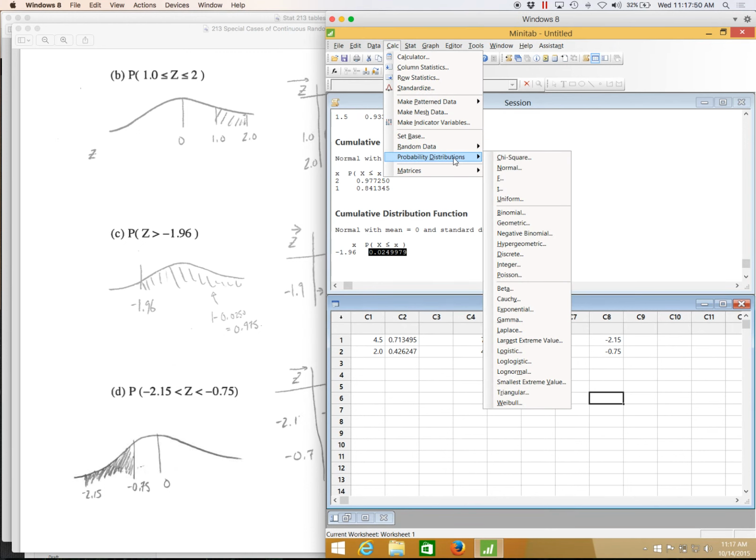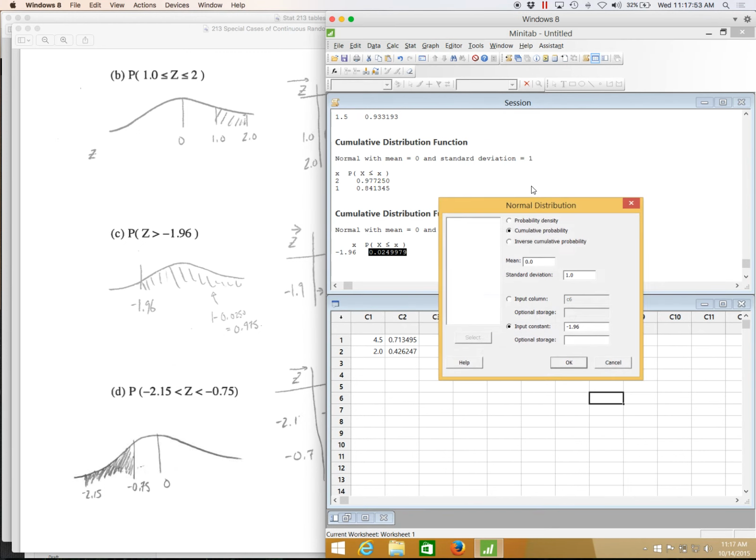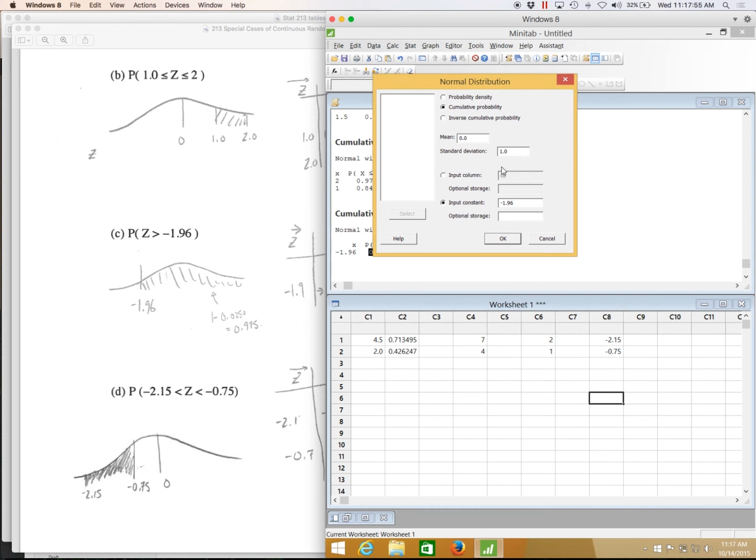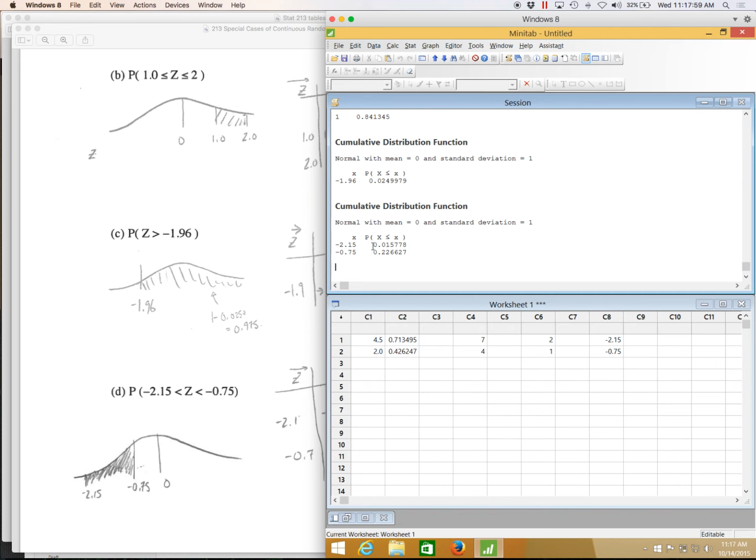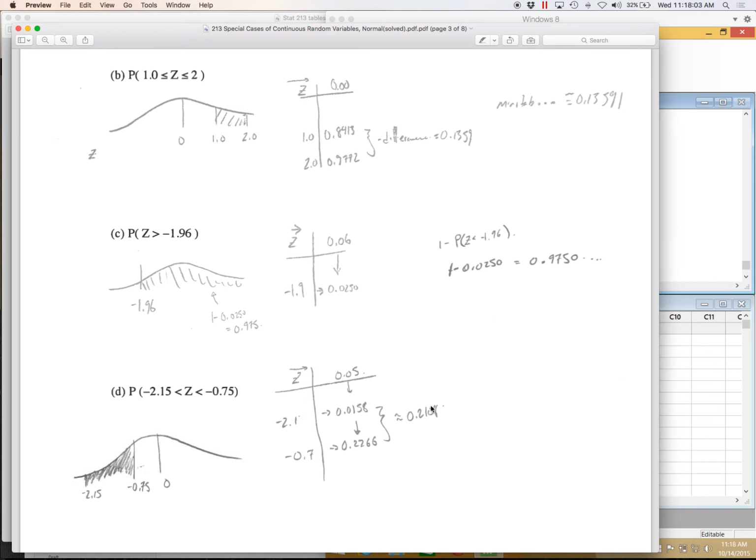And I want the cumulative probabilities of both of those, and then I will take the difference. Here, this is in column 8. Here are the cumulative areas. When I take the difference of these two areas, I find the probability of being in between there is about 21%.